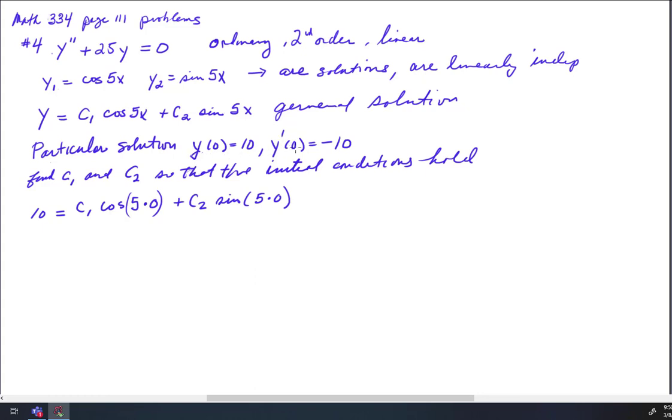Now we also know that y prime of 0 is negative 10. So negative 10 would be equal to, now I'm going to take the derivative of this as I write it, so pay attention that I don't make a mistake here.